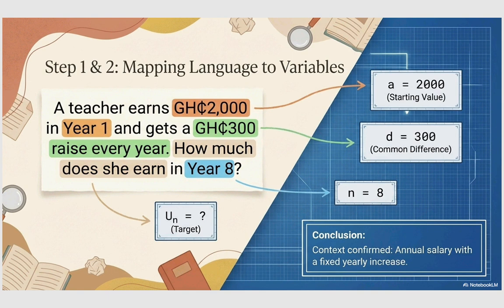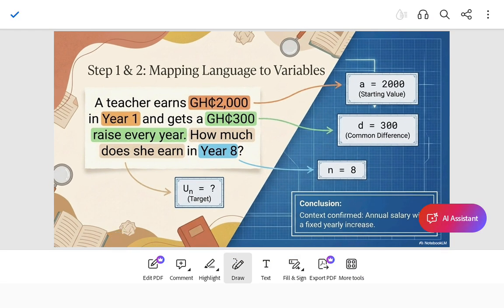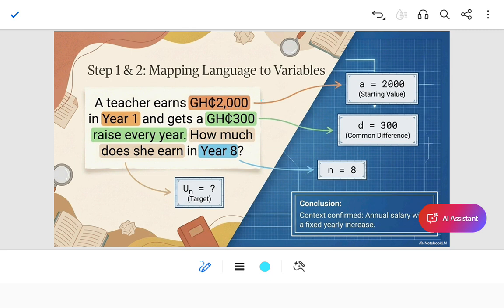We know our first term. We can deduce that our first term, the initial amount, is 2,000. And how much is added? Fixed addition is 300.